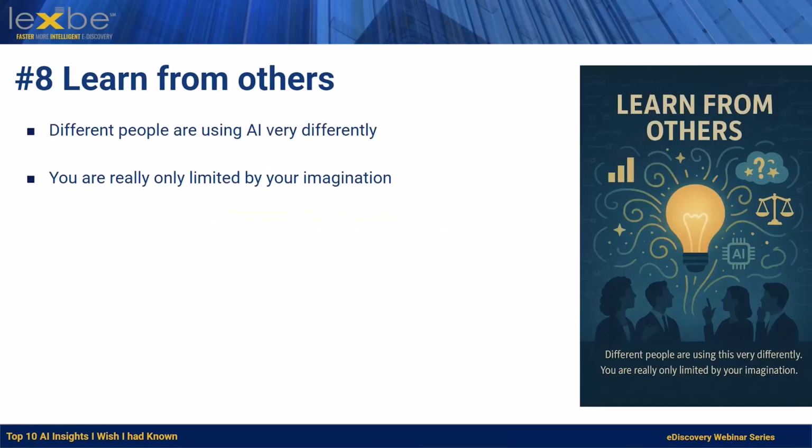Item 8, learn from others. This one, I think, is really important because different people use AI very differently. You're really only limited by your imagination. So they say that the elder generation, we tend to use GenAI as a search engine replacement.